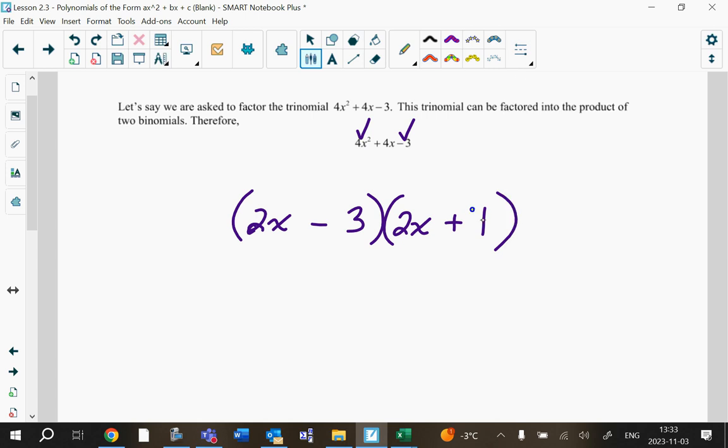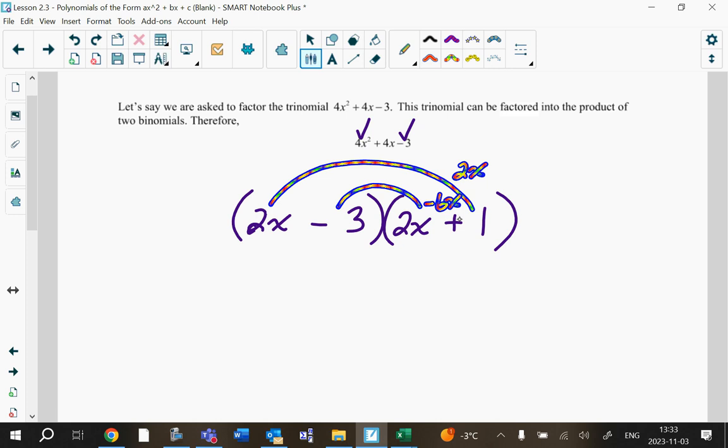Yoink and yoink. What do I get if I multiply the outside? 2x. What do I get when the inside? When I put those together, I get what? -4x. I need +4x.